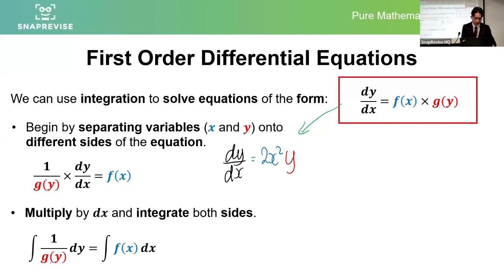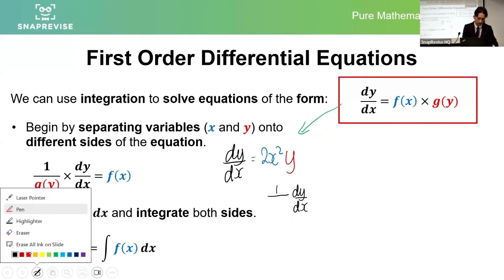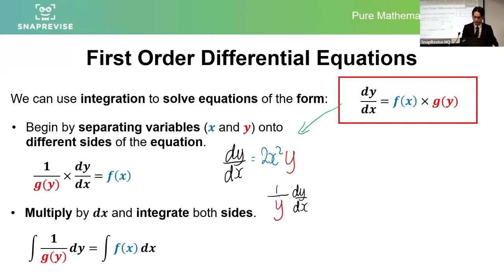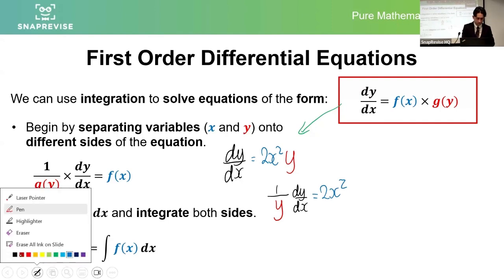So where we would go with this is we would go 1 over y, I'd divide y to that side. And then I'd times up by the dx. This process is called separating the variables.